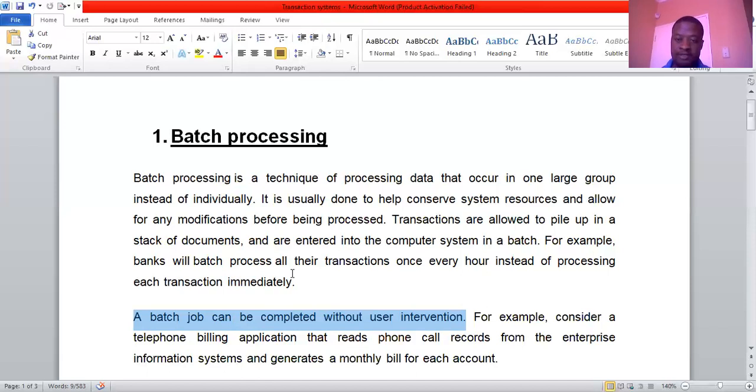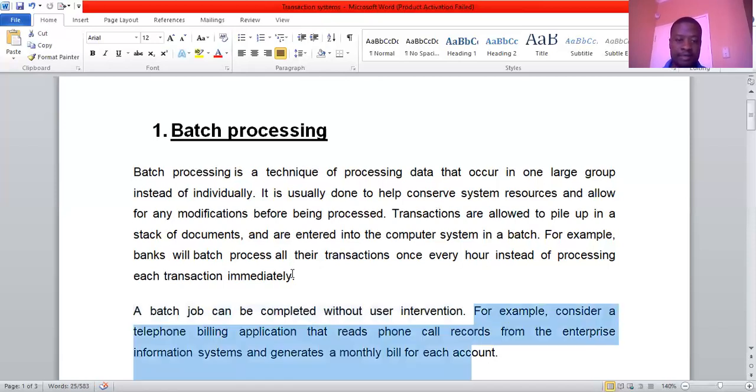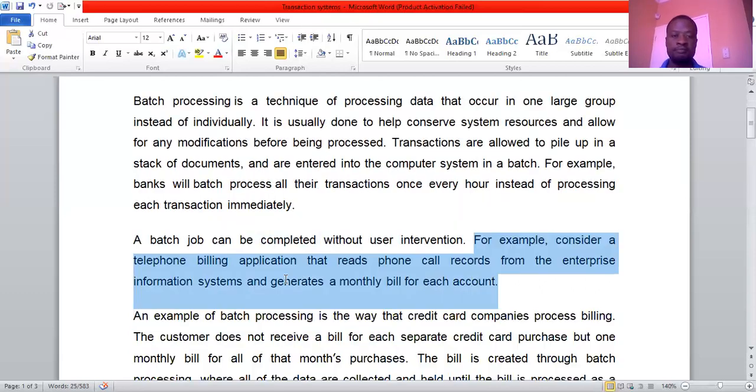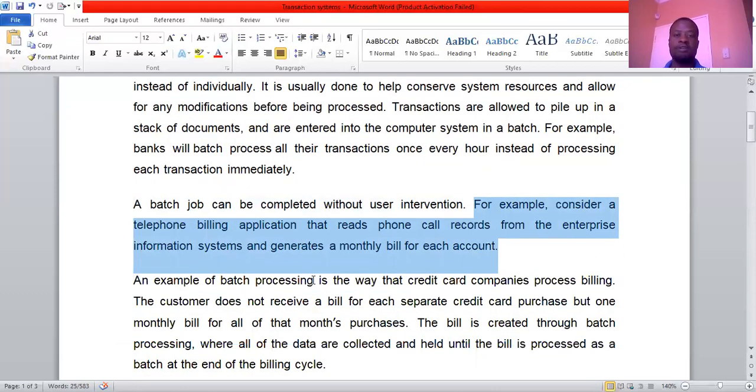Okay, so for example, let's consider a telephone billing application that records phone call records from the enterprise information system and generates a monthly bill. Okay, let's say you are owning an organization, and you have got your telephones. So you receive calls and you call other organizations.